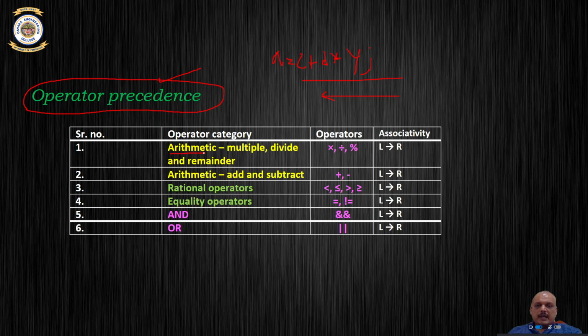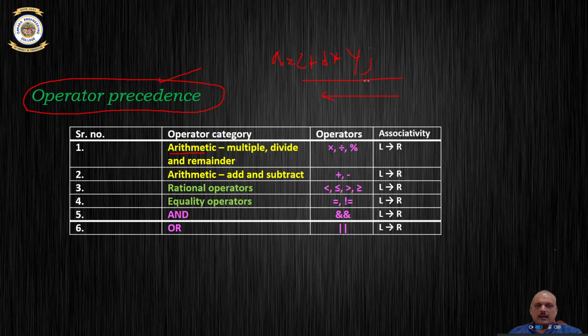Under arithmetic operators you have multiply, divide and so on. Multiplication, division and the modulo operator take up the higher precedence and they go from left to right. Addition and subtraction, again under the arithmetic operators, fall under the lower precedence.